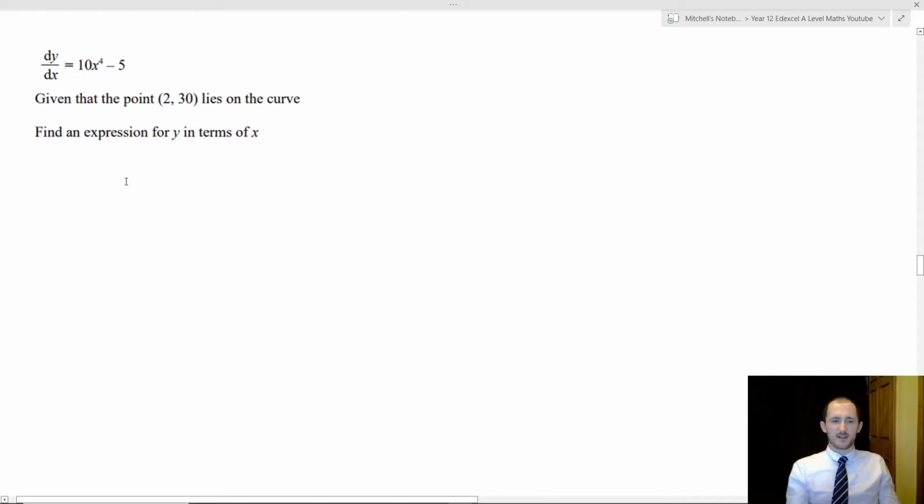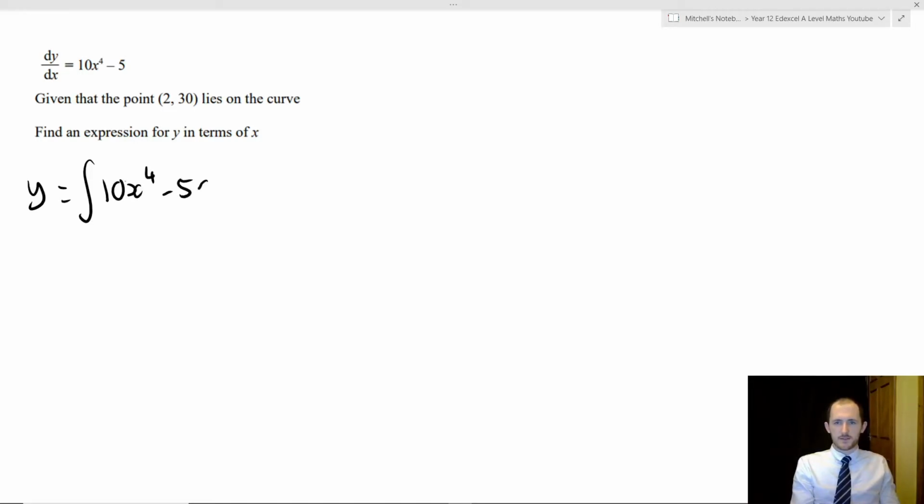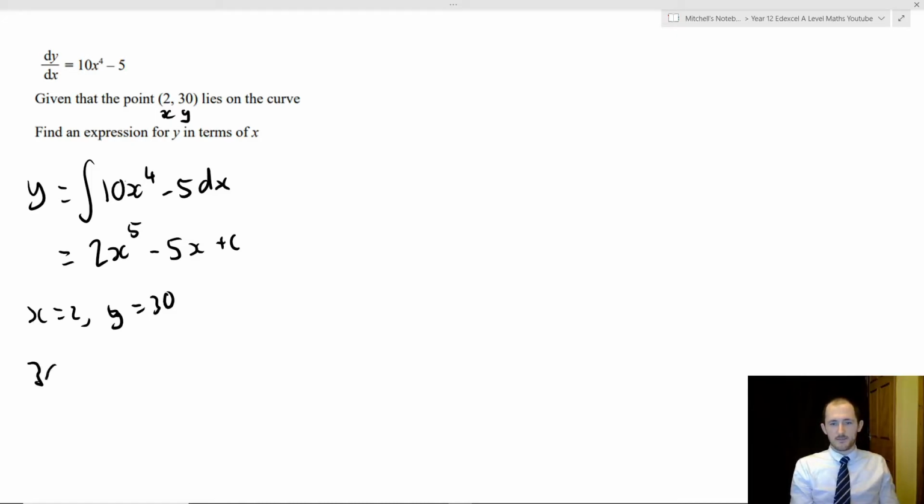Again, something that should be fairly simple by now. Well, I'm hoping anyway. You need to integrate 10x to the 4 minus 5 dx. So that will be 2x to the 5, right? 10x to the 5 divided by 5, so 10 divided by 5 is 2, minus 5x plus c. And then we know that the point (2, 30) lies on it, so when x equals 2, y equals 30. So that will give me 30 equals 2 to the 5 minus 5c.